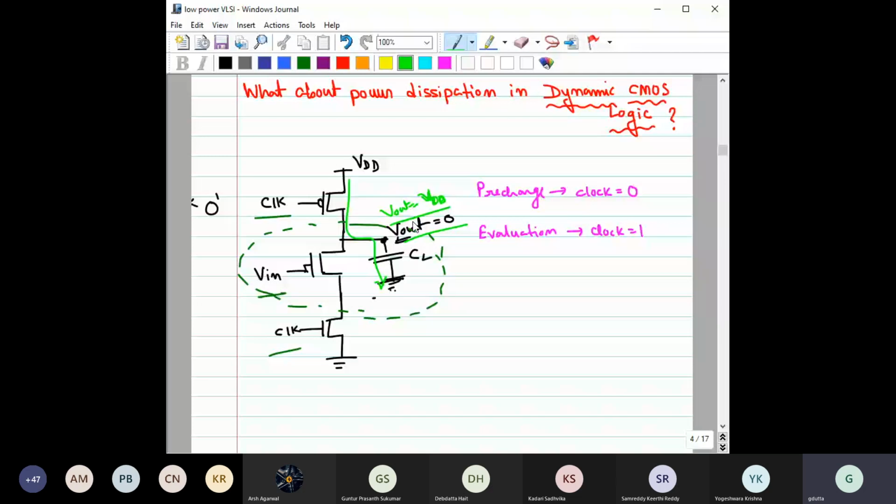Right? So then, unlike the static CMOS, here the power dissipation does not depend on the transition, whether the output is transitioning from 0 to 1 or 1 to 0, not like that. Here the power dissipation depends not on the transition probability, but on the signal probability of the output being equal to 0, right?